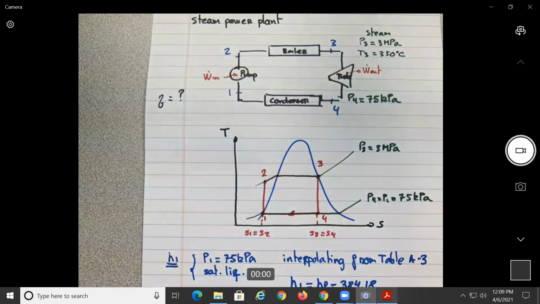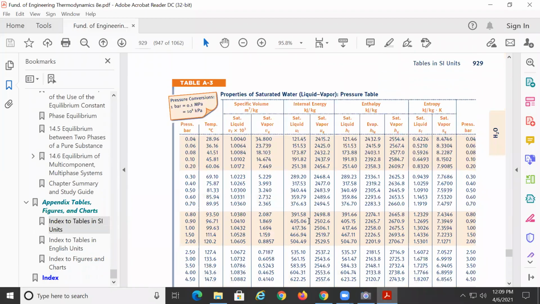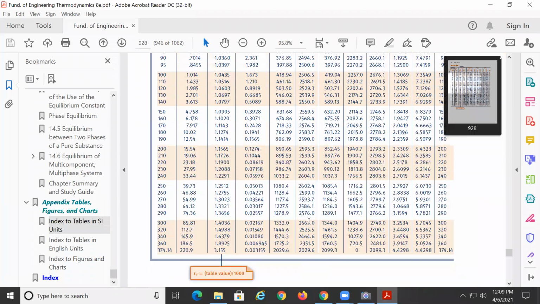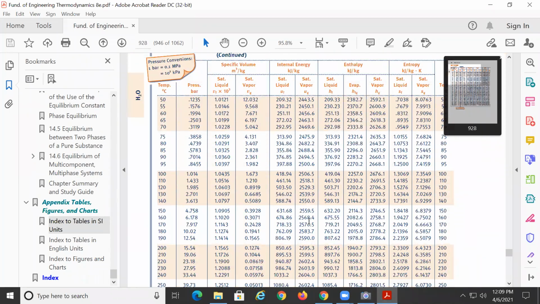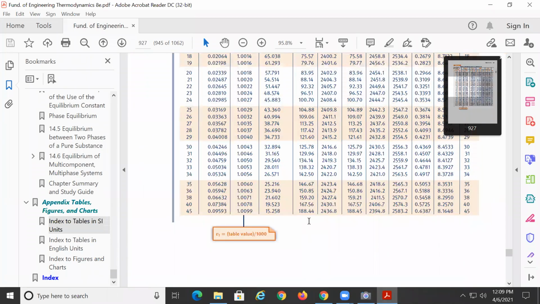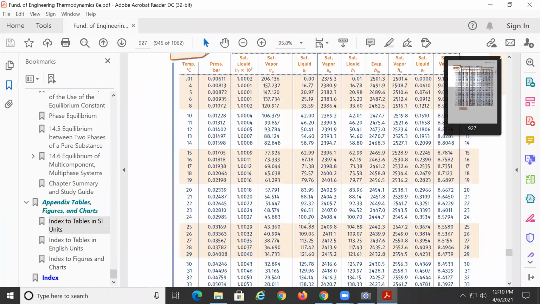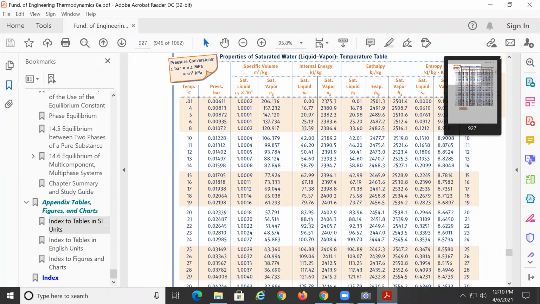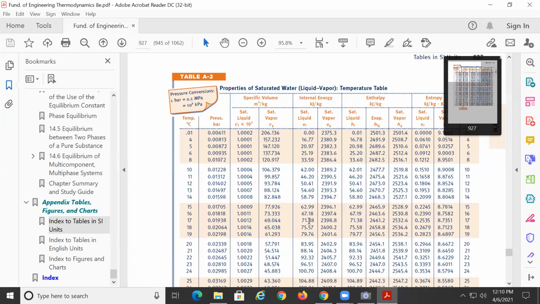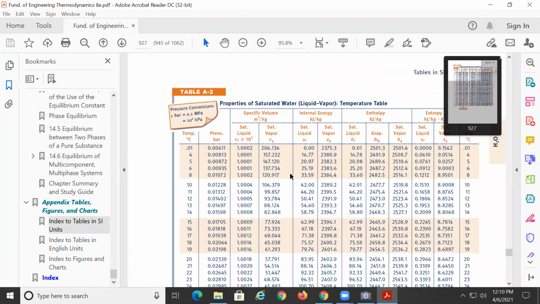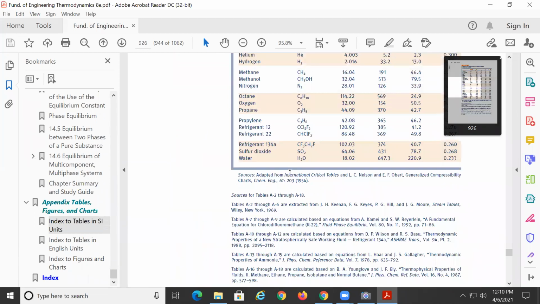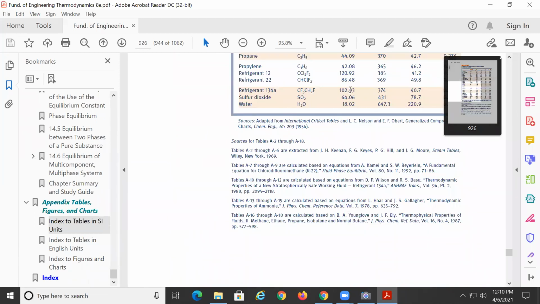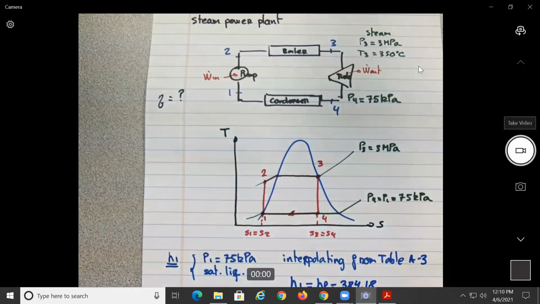Okay, so there is no table, so it's table A3, table A2, and this is what? Temperature. Yeah, you see, this is the one in the middle, this is the mixture, but we don't have some of the other tables. Okay, so we need to find another way around, just because there's no tables, okay? All right.